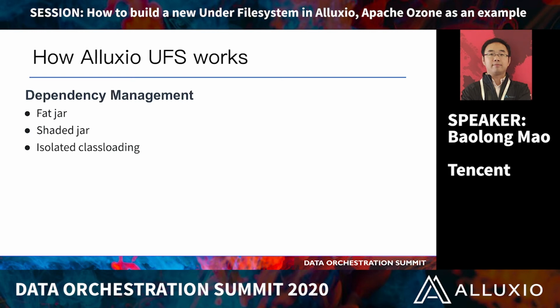One more thing is, implementers are required to include transitive dependencies in their extension jars. We usually call it a fat jar. Alluxio performs isolated class loading for each extension jar to avoid dependency conflicts between Alluxio servers and extensions.